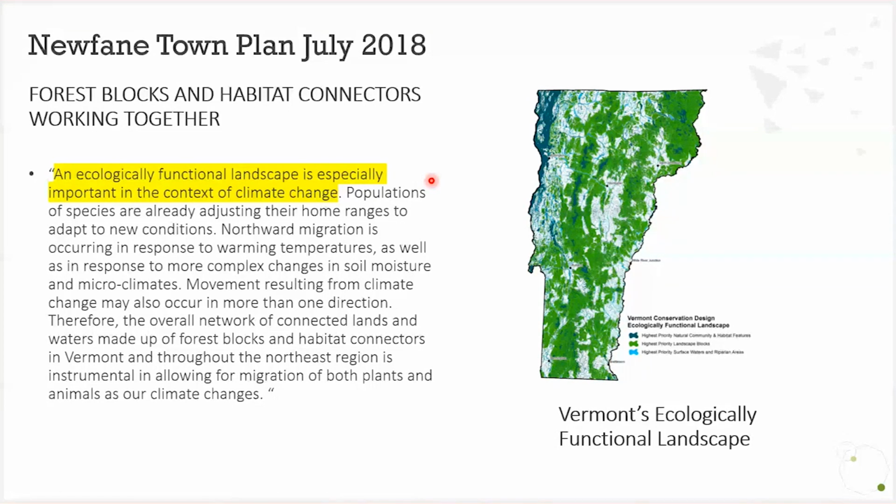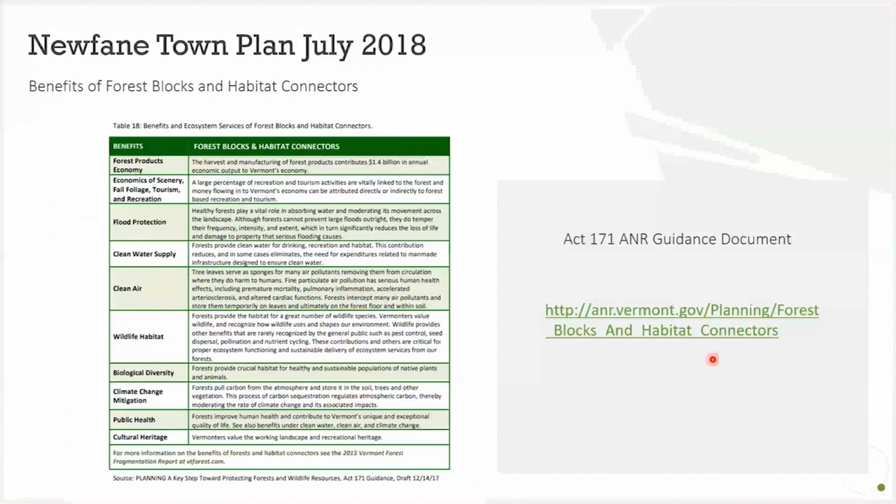They lifted this entire chart from the Agency of Natural Resources guidance document on Act 171. All of these different ecological benefits and cultural benefits of maintaining forest blocks and connectors. So again, they're further justifying why this is important for all of these different reasons.